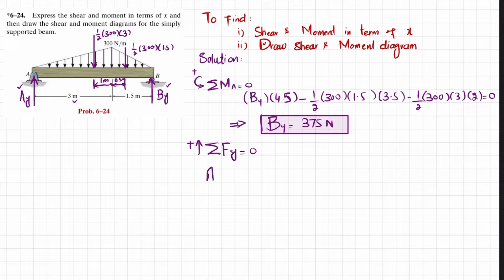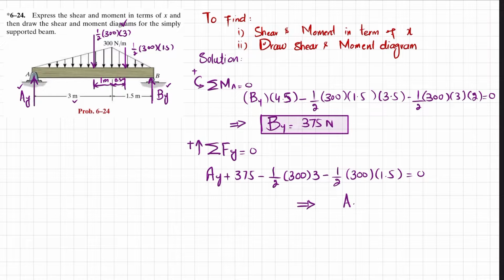So Ay plus By, which is 375, minus 1 over 2 into 300 into 3, minus 1 over 2 into 300 into 1.5. When you calculate it, you will get Ay equal to 300 Newton. So in our first step, we have calculated Ay and By. Now we will find the shear and moment in terms of x.